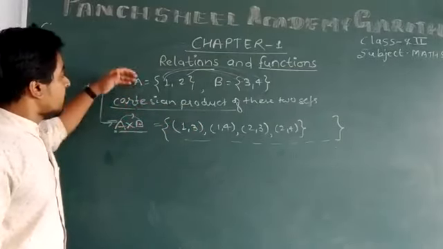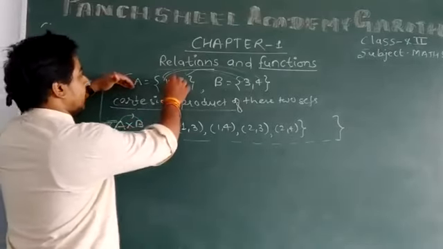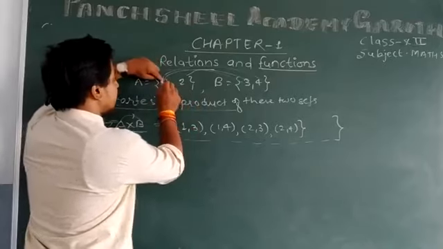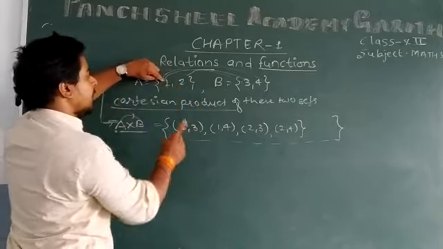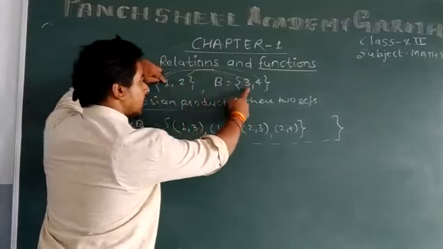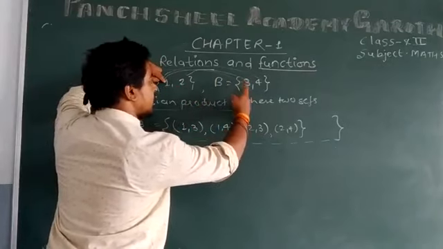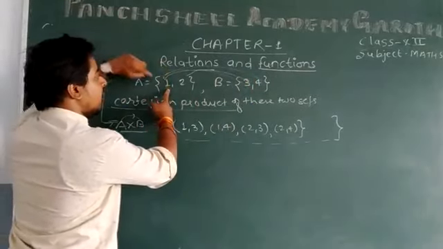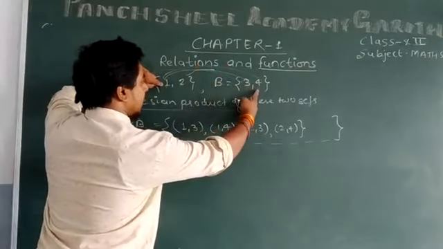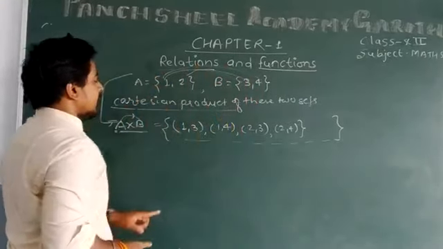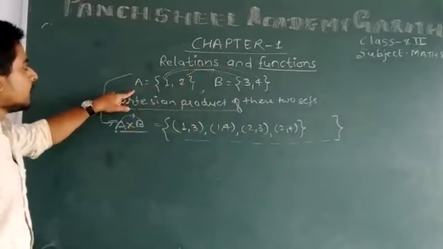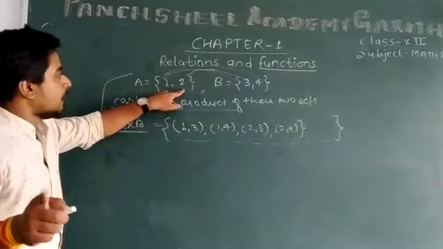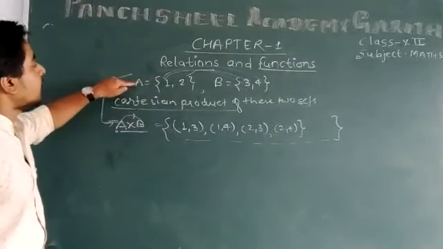What do we have to do? We form the ordered pairs. How is an ordered pair formed? The first element of the first set forms an ordered pair with the first element of the second set. Similarly, the first element of the first set forms an ordered pair with the second element of the second set.